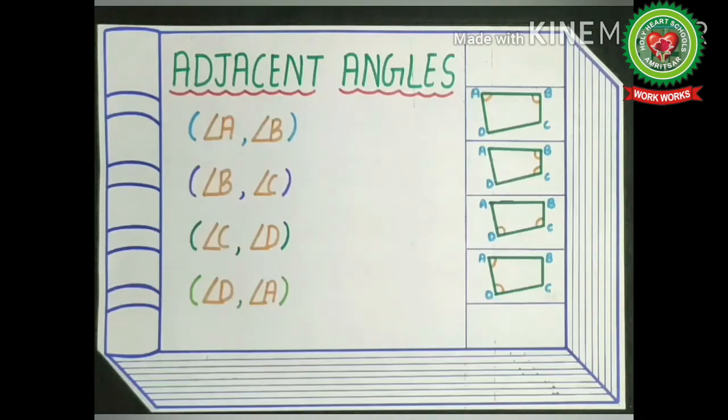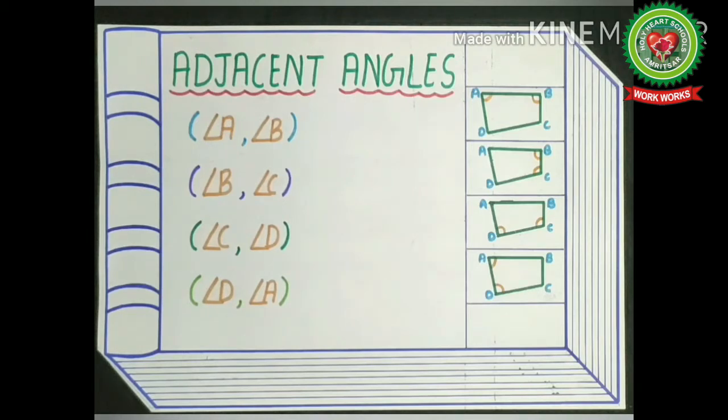Next we will discuss adjacent angles. What are adjacent angles? 2 angles of a quadrilateral having a common side are called its adjacent angles.